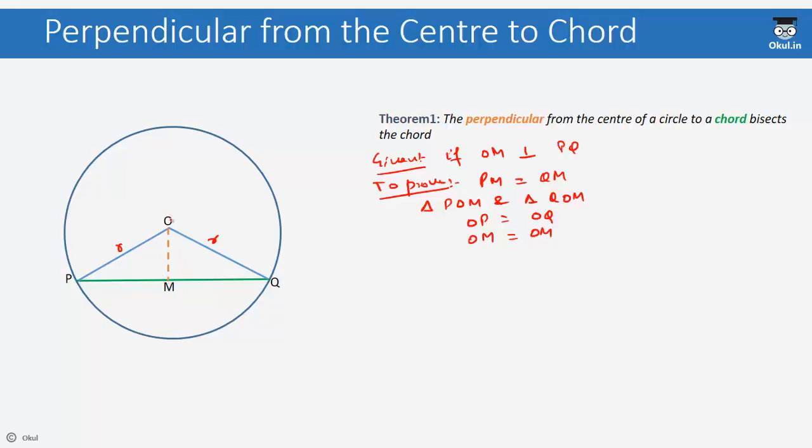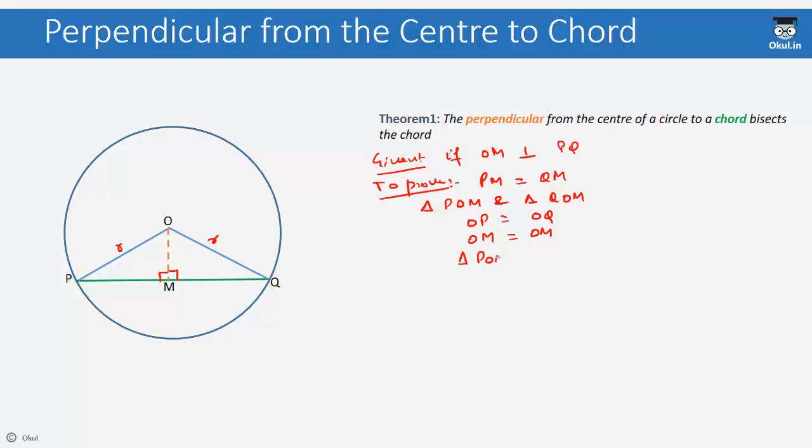Then these are right angle triangles. It is given that this is a perpendicular drawn to the chord, so angle OMP and angle OMQ are equal to 90 degrees. So we have proved that the hypotenuses are equal and one side is also equal. So these two triangles are congruent by the RHS congruency rule.